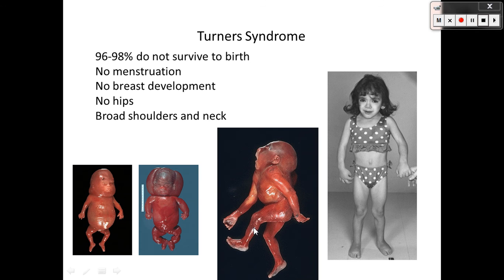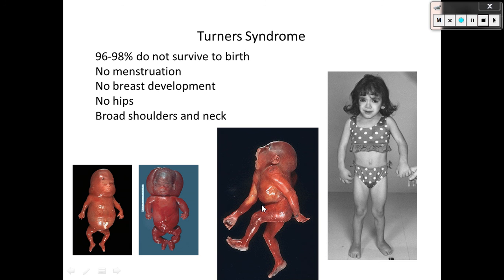So here's another picture. I know some of this is really graphic, I understand. But just to let you know, about 96 to 98% of the people born with Turner syndrome do not actually survive to birth.